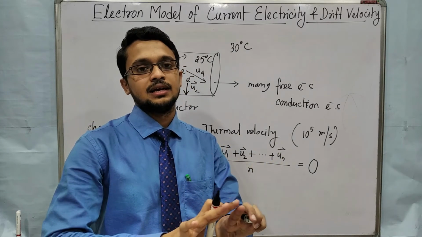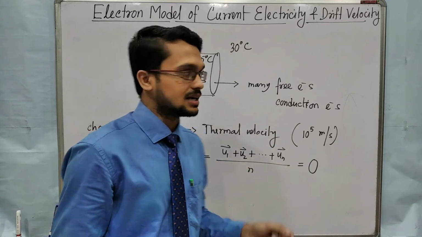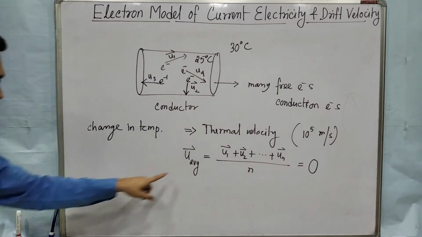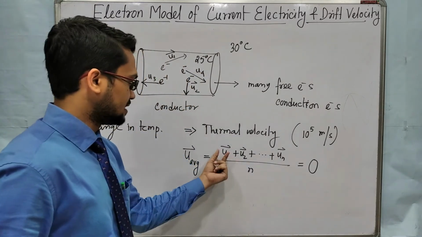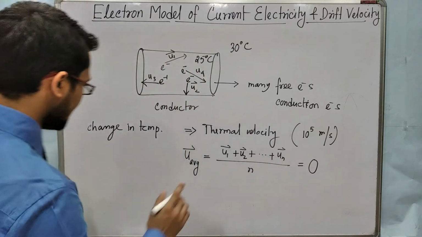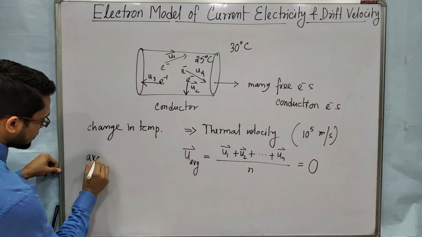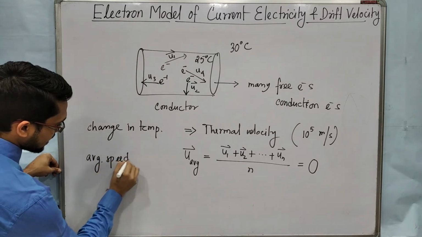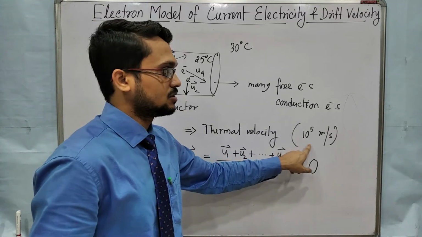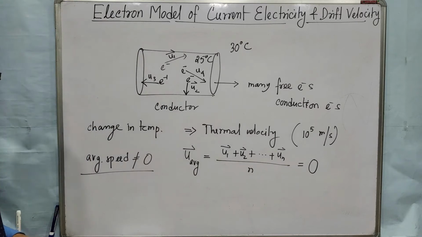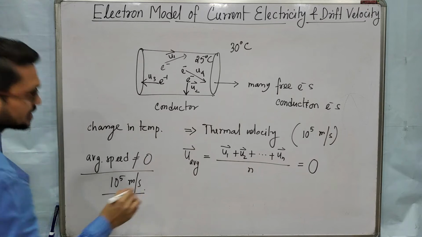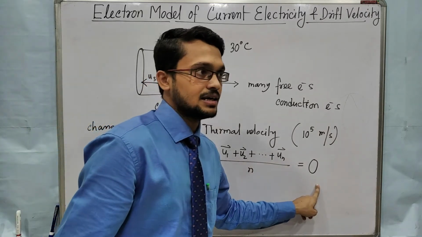As a bulk, as a whole, there is no flow of electrons, that means we will get no current. These are vector quantities, so you have to add vectorially, and it will be 0. But the average speed is not equal to 0. Average speed is almost equal to 10 to the power 5 meter per second. But the average velocity will be 0.